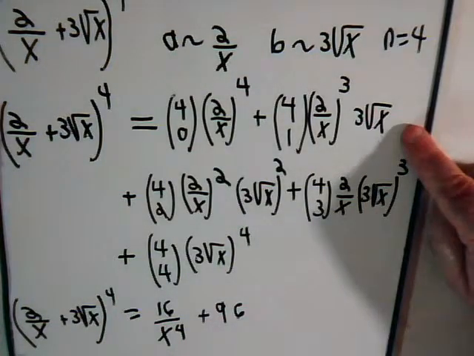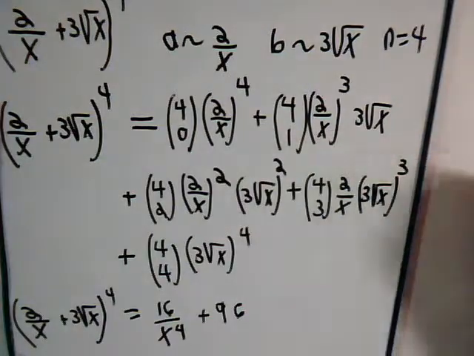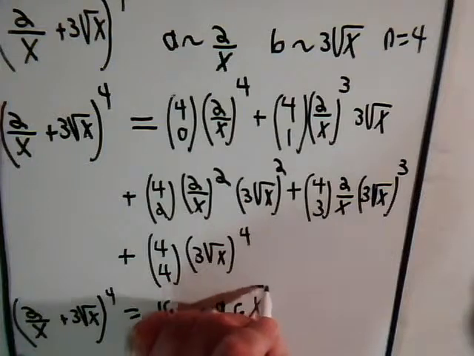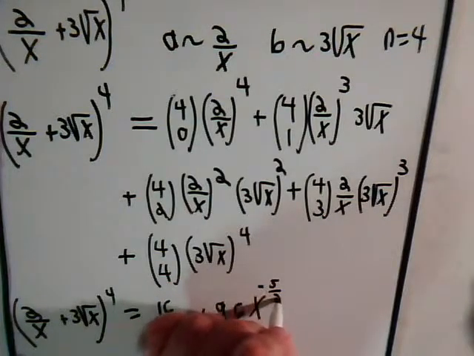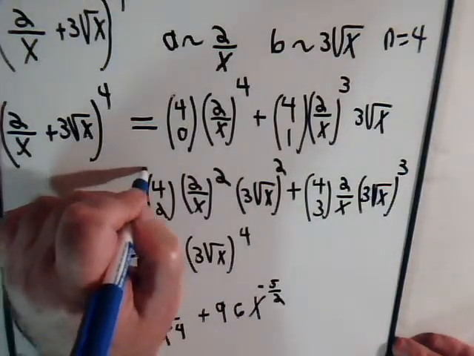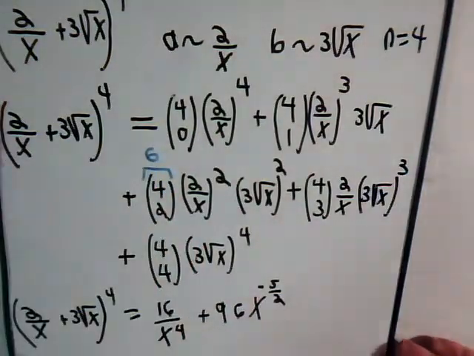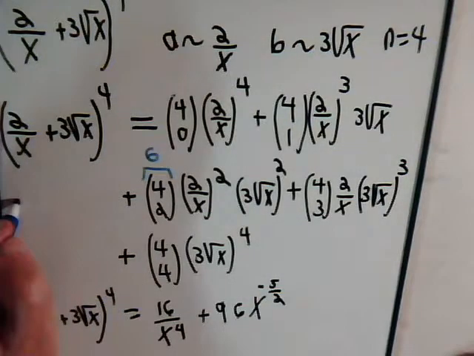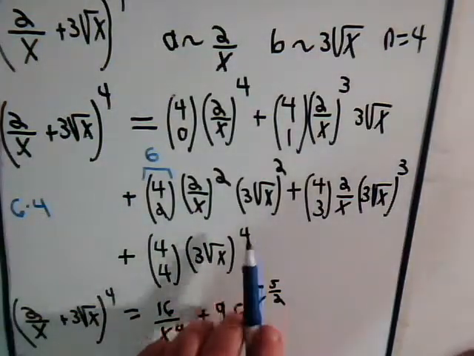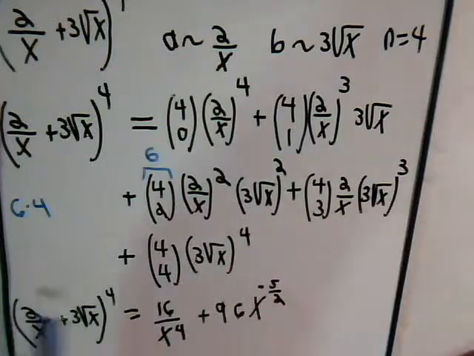And what do we have here? X to the 1/2 divided by x to the 3/2. So that's x to the minus 5/2. And then here, for this binomial coefficient, 4 over 2, that's 6. So from here we have 6 times 4. 3 squared is 9.